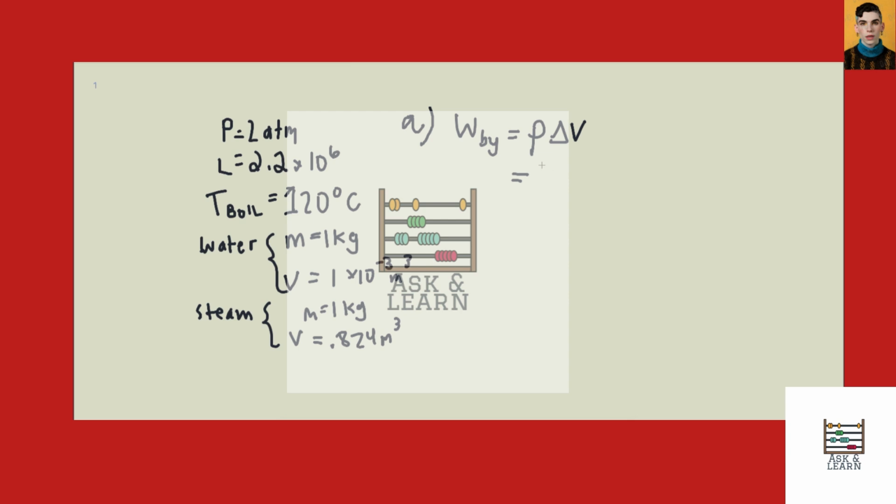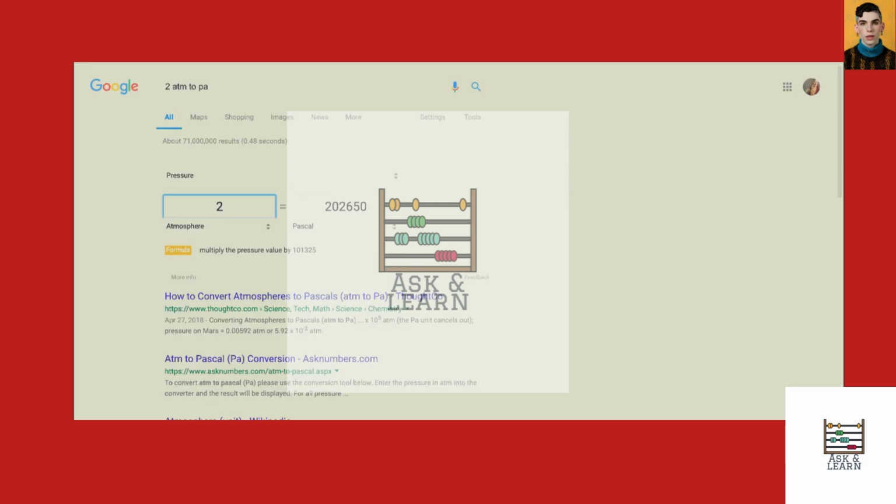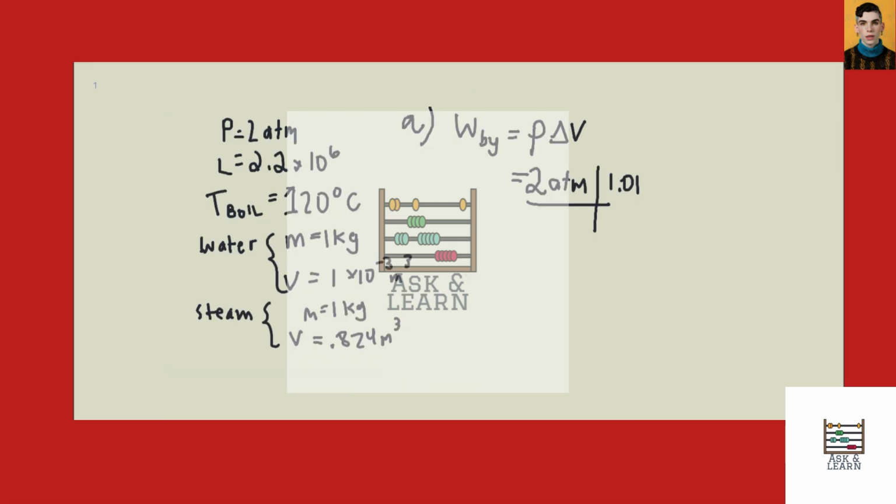Before crunching the numbers, we need to also convert the 2 atmospheres to pascals so we can have our work in SI units. So 2 atmospheres, and I like to write out unit conversions like this, times 1.01 times 10 to the 5 pascals per atmosphere, kind of a lot of sig figs, probably slightly too many.